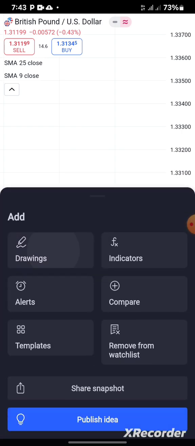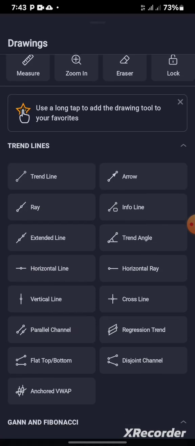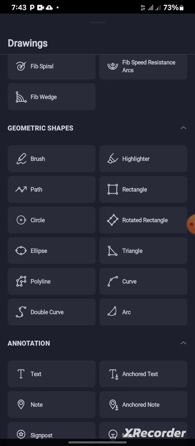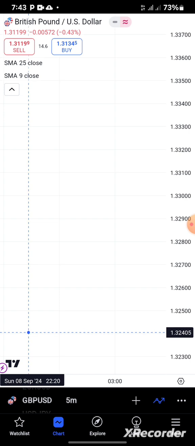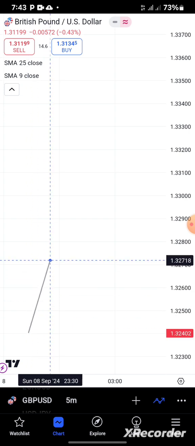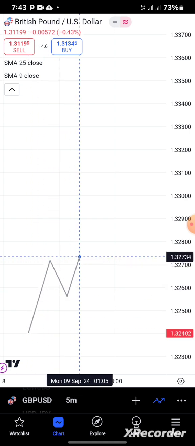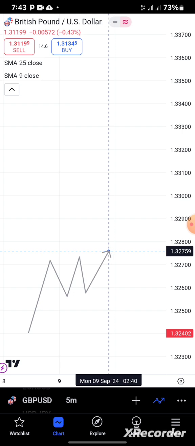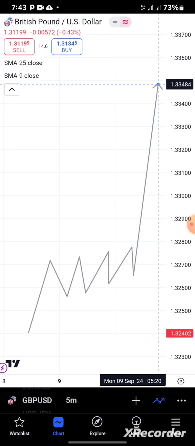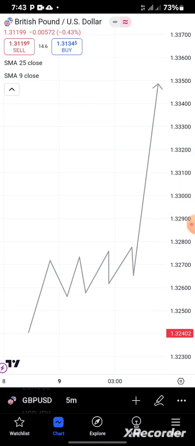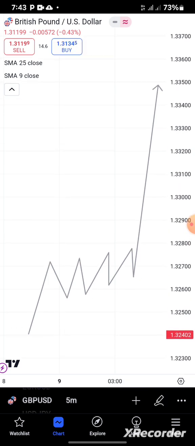A demand zone is formed when price does this. A demand zone, let me see. Price is moving up, then makes a consolidation here. Then price moves up. Are you seeing, guys?